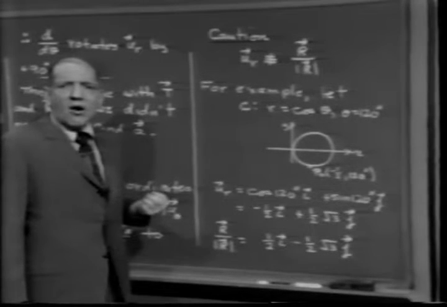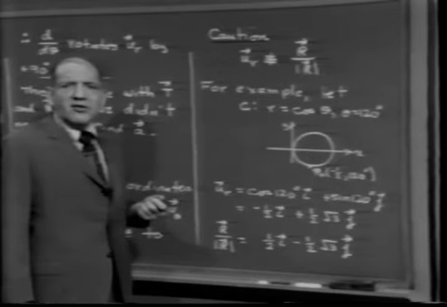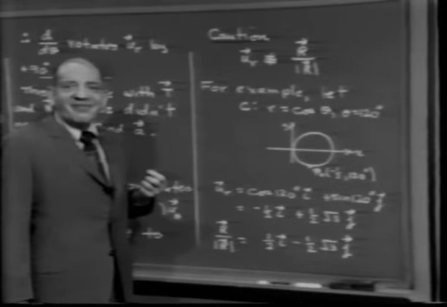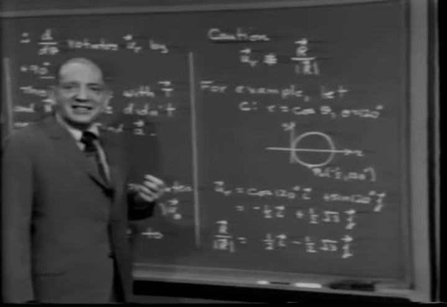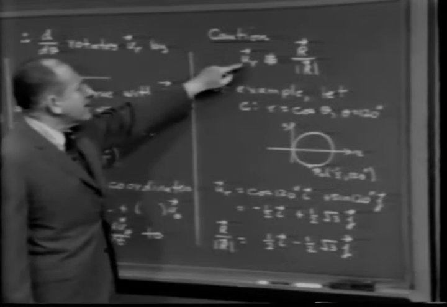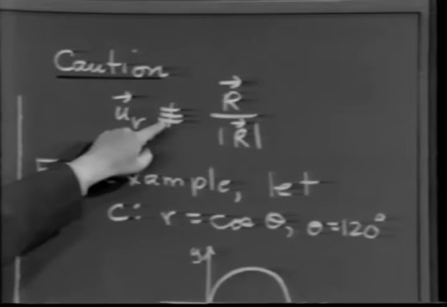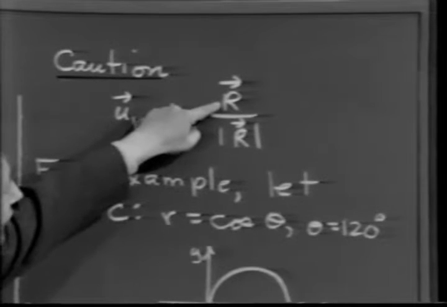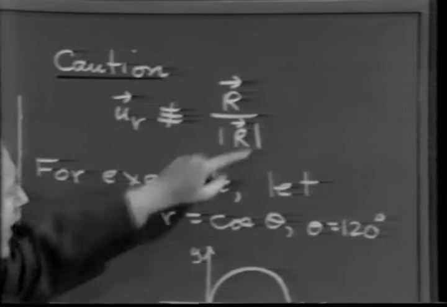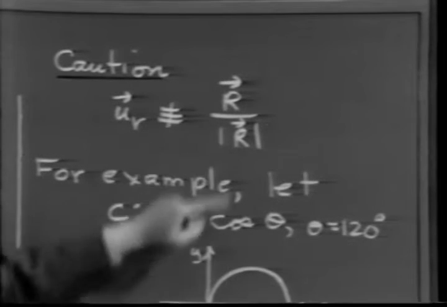And this is one of the reasons why, even though Professor Thomas in the textbook doesn't make such an issue over this, I am such a bug on using the phrase sense as well as direction. My claim is that the unit vector u sub r need not be the radius vector r divided by the magnitude of r. It'll have the same direction, but watch what happens with sense.